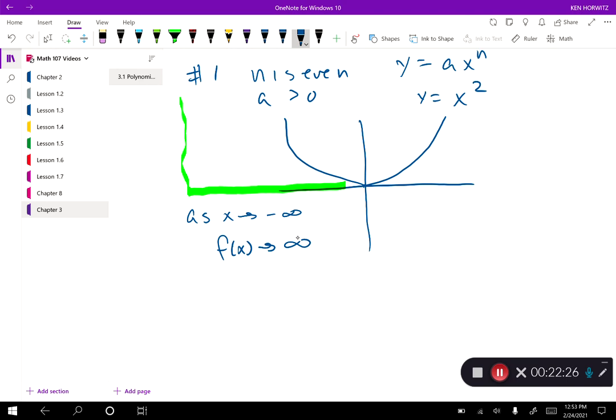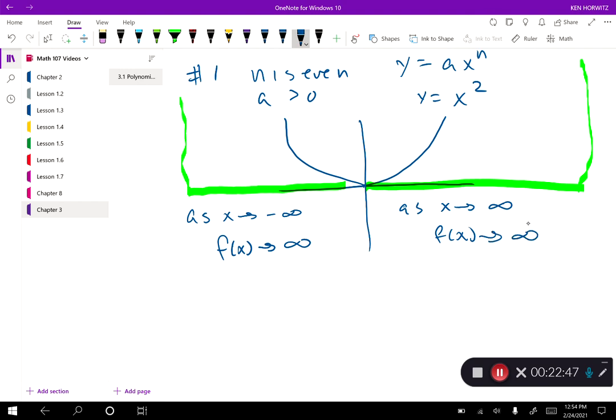On the other side, as x approaches infinity, f of x, right? And again, x goes larger, larger, larger. What's happening to the y value is the question. It's going up, up, up. So x approaches infinity. And whenever this is your leading term, n is even, a is greater than 0, this is going to be your end behavior.